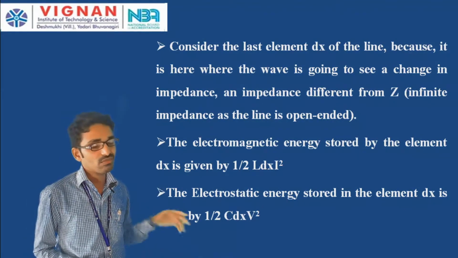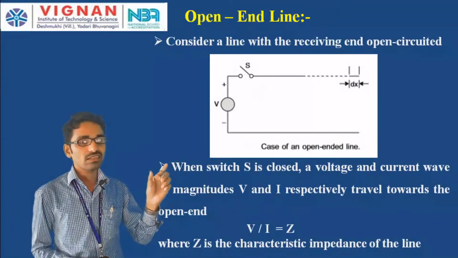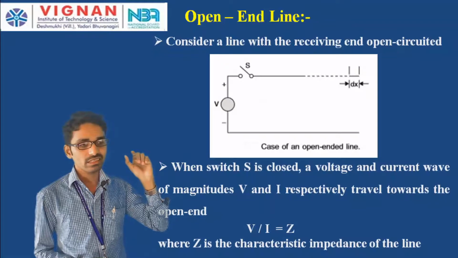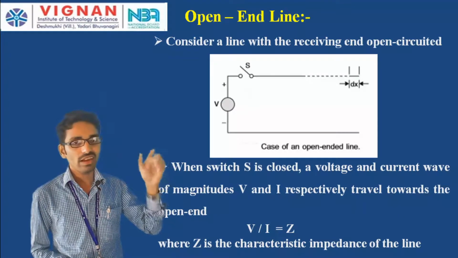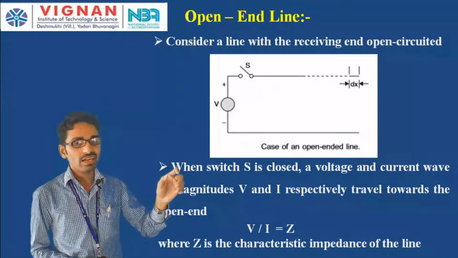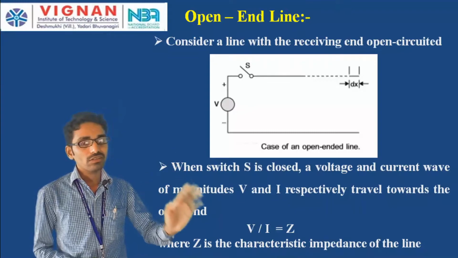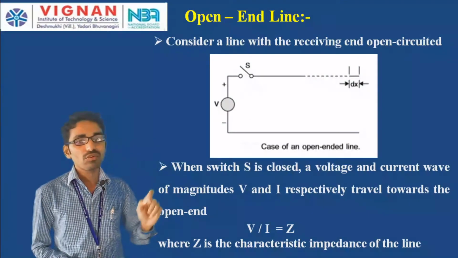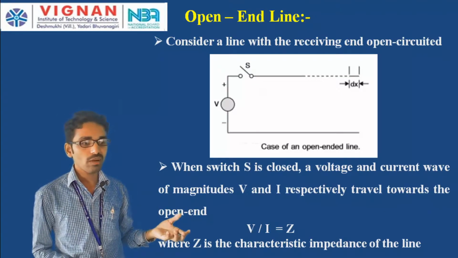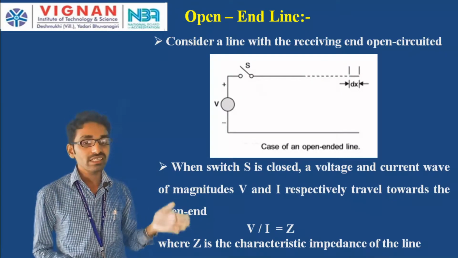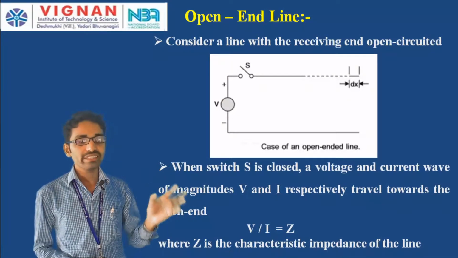Up to the last element dx, which is at the ending of the line, that is the open end, you are going to have an infinite amount of impedance, because it is an open circuit. There is no path for the voltage or current wave to flow.